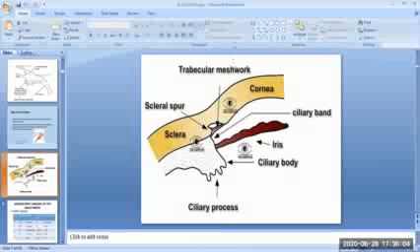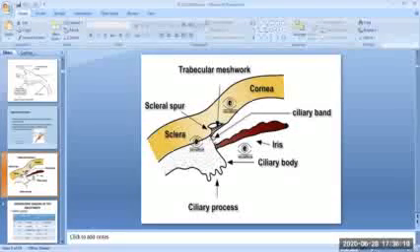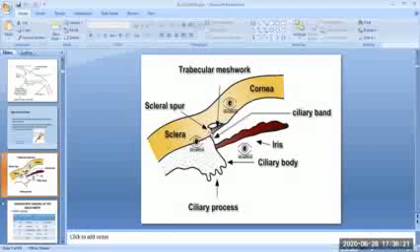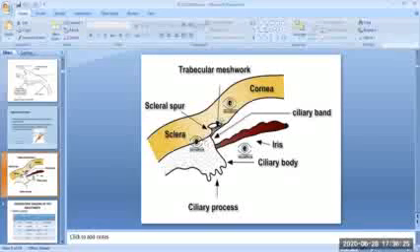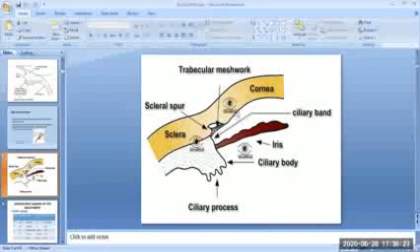This is the root of iris. Then the anterior part of the ciliary body, and the scleral spur. This is the scleral spur. It is the trabecular meshwork, and then there is Schwalbe's line. So these are the structures of the angle of anterior chamber.